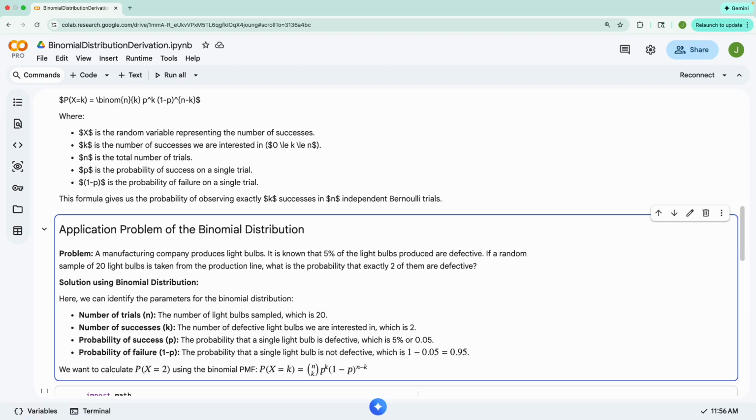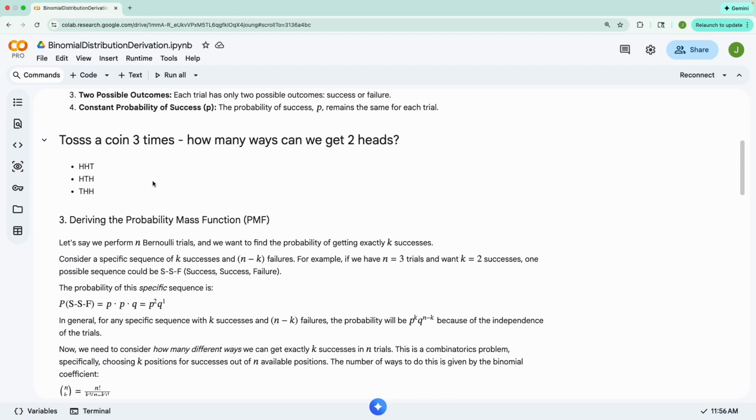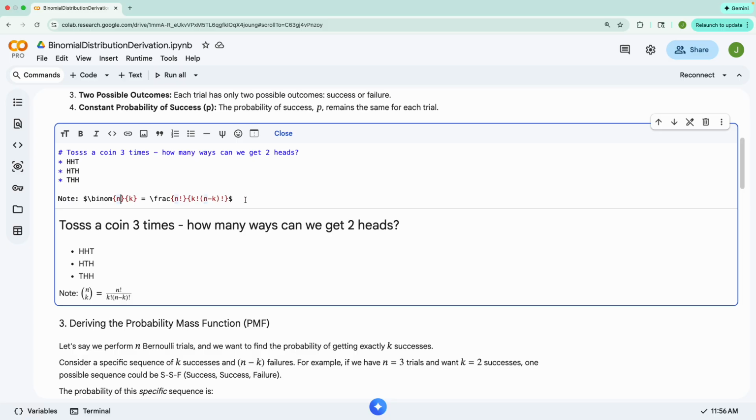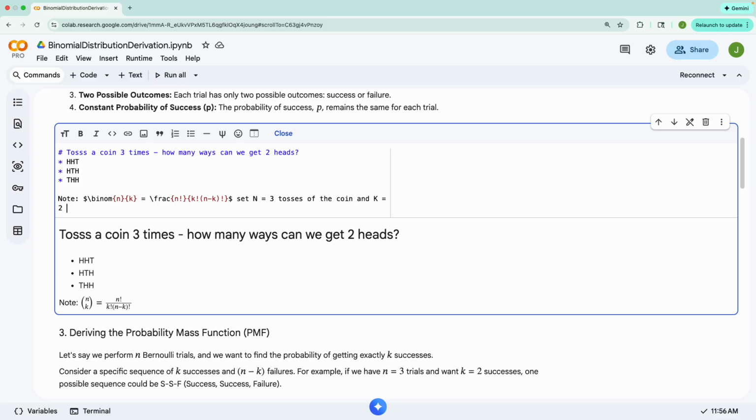If you do this formula here, n is 3 tosses of the coin, and k is 2 heads. And these should be lowercase.